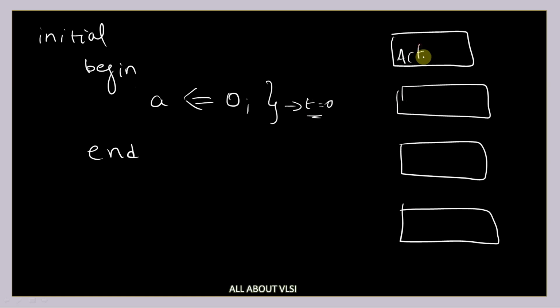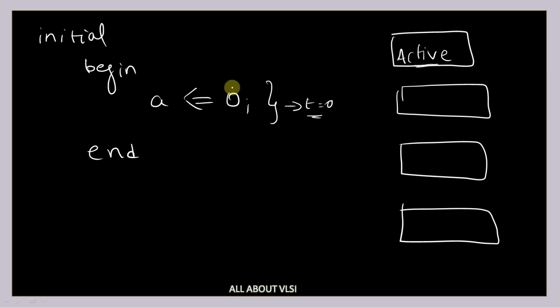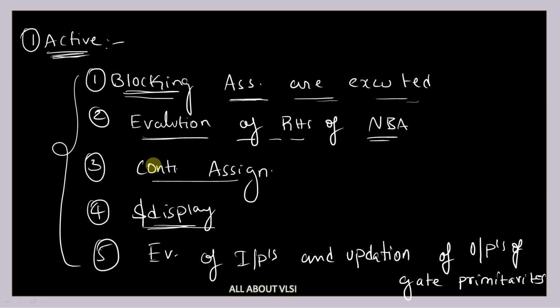Now, in the case of my active region, what is going to happen? Only evaluation of RHS is going to happen. That is, the RHS value is evaluated, but updation is not happening in the active region. Nowhere have I written updation of RHS to LHS in the active region. In the NBA region, only blocking assignments are executed. In the case of non-blocking assignments, I have just written evaluation of RHS, not updation.